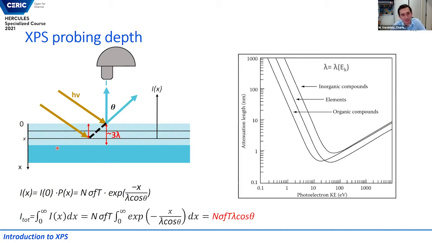So why am I showing this? Because in the case of NAP-XPS, it is very important to analyze only the topmost surface layers. For example, if you have a chemisorbed layer of molecules on the surface, usually it is not higher than one monolayer. If there are more monolayers, it's usually some kind of condensation or physisorption, and it does not happen at higher temperature.